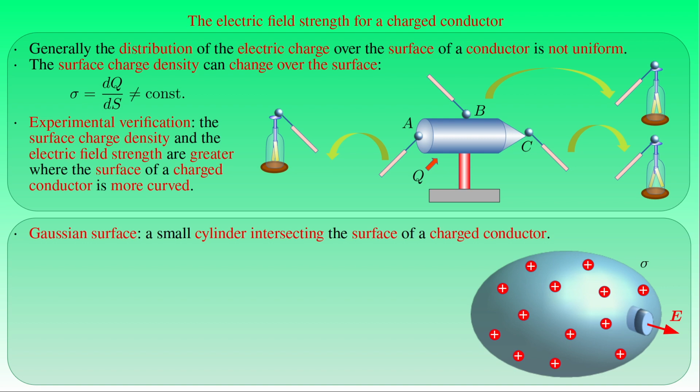By considering this cylinder as a Gaussian surface, we can apply Gauss' law stating that the surface integral of the electric field strength E over the cylinder is equal to the total charge Q enclosed by the cylinder over epsilon naught.